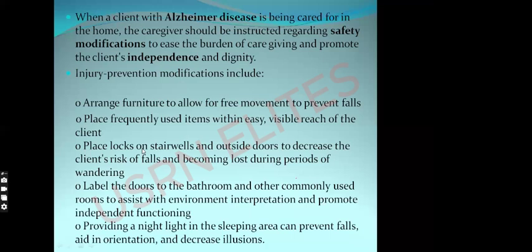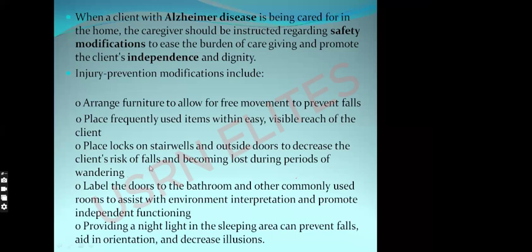The next one, place locks on stairwells and outside doors to decrease the client's risk of falls and becoming lost during periods of wandering. At a point in time, they wander a lot.